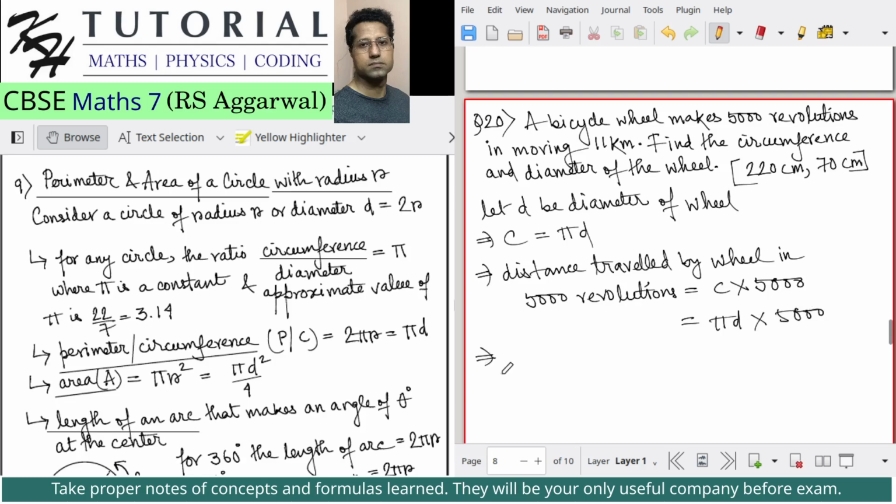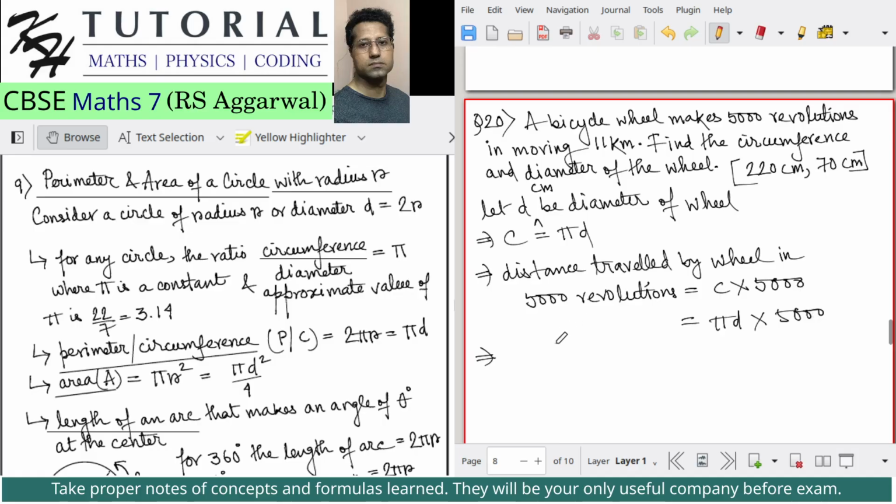Now this implies that we must have pi d multiplied by 5000 should be equal to 11 kilometer. Now we have assumed the d to be in centimeter, that is, let d centimeter be diameter of the wheel. So pi d multiplied by 5000, this will be in centimeter.